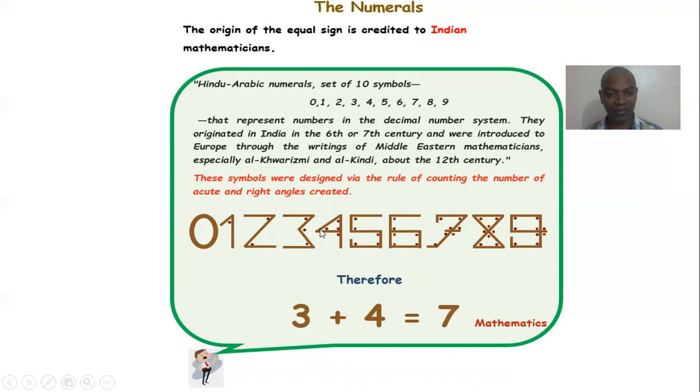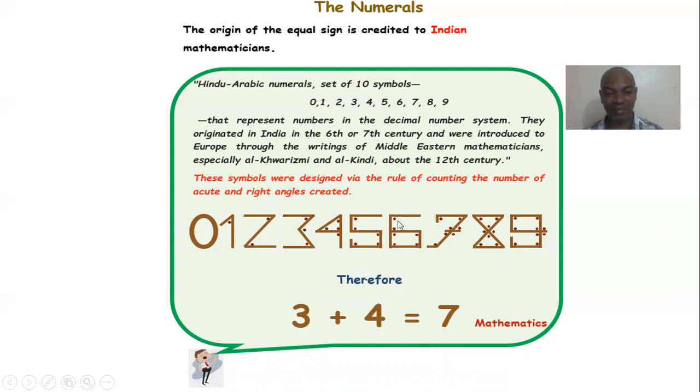And the 4, look at the shape, and you can count the acute and right angles. There are 1, 2, 3, 4. That's why our 4 has that shape. The 5 has 1, 2, 3, 4, 5 right angles. And look at our modern 5, it has evolved, just as languages evolve.